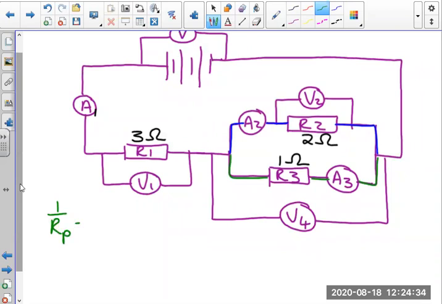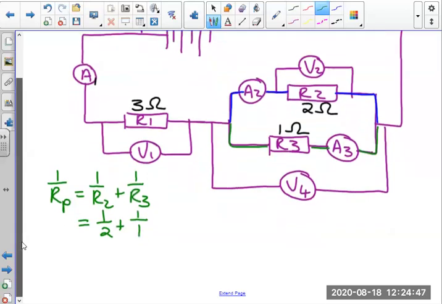So I'm going to say 1 over R parallel equals 1 over R2 plus 1 over R3. So it's going to be 1 over 2 plus 1 over 1. When I add this, I get 1 plus 2, which is 3 over 2, so it's 2 over 3.